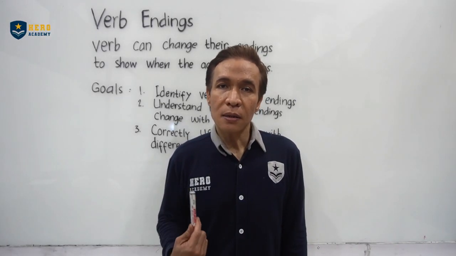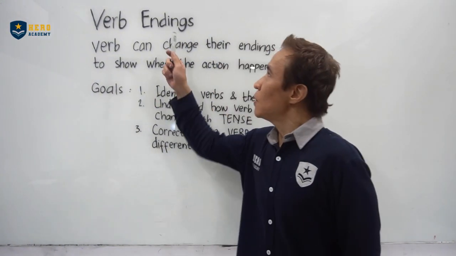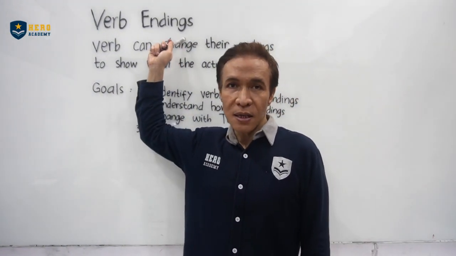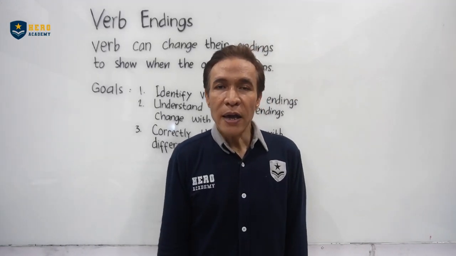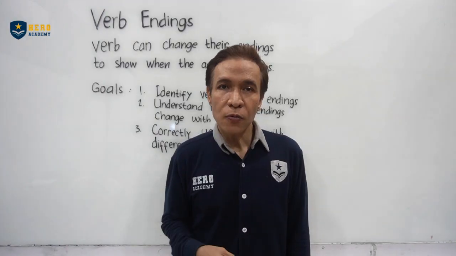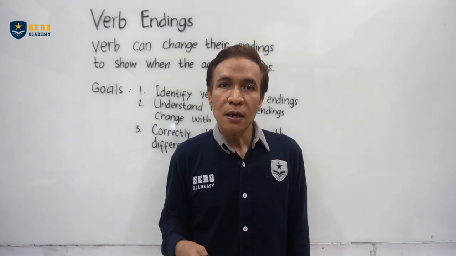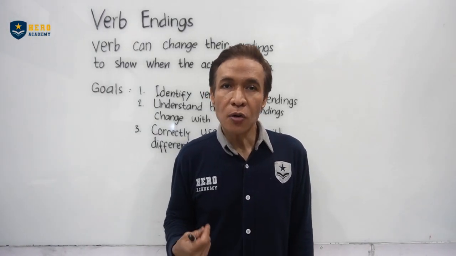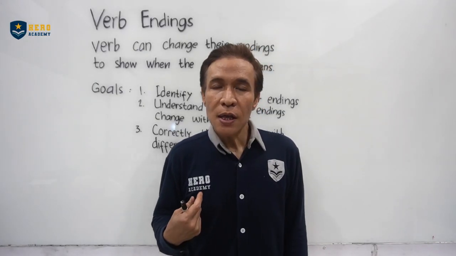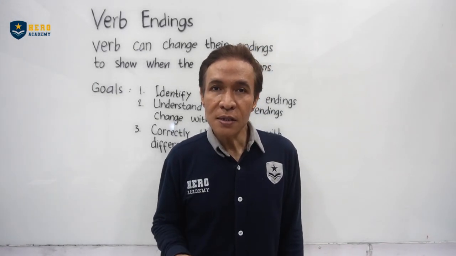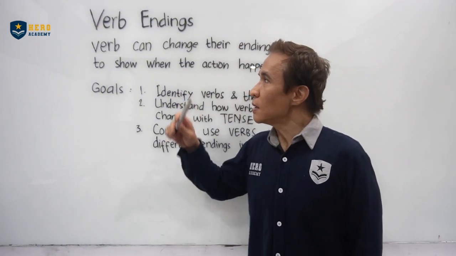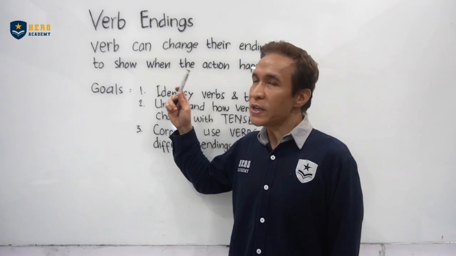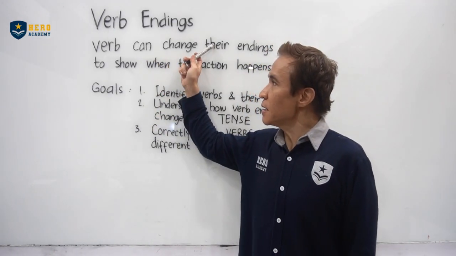Now, that's what we call verb endings. So, what do you think about our lesson today? I hope it's clear enough for you to learn that verb can change according to the tenses and also to the subjects. So, let me give you a short recap about verb endings.